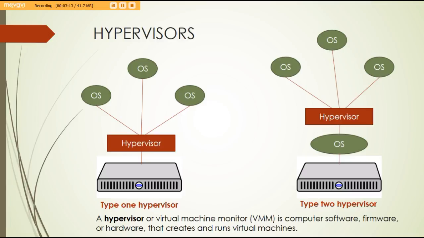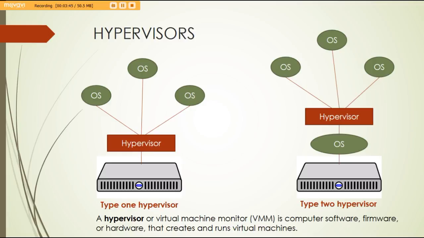Now let's talk about hypervisors. To actually use the concept of virtualization, we need to install a hypervisor on the hardware, and then install the dedicated servers or operating systems we want on that piece of hardware.